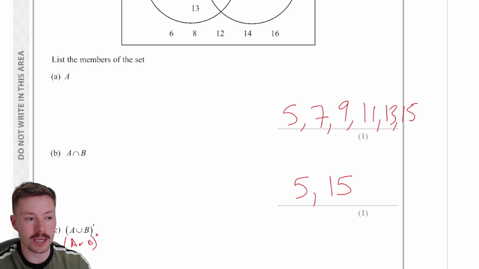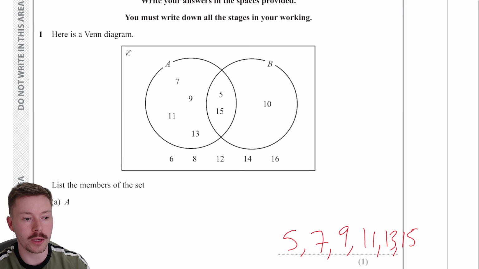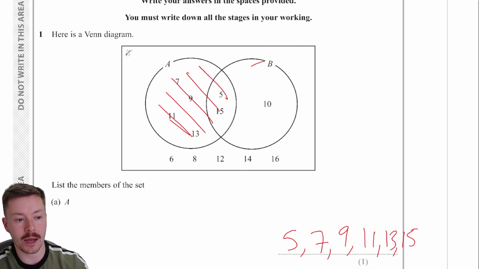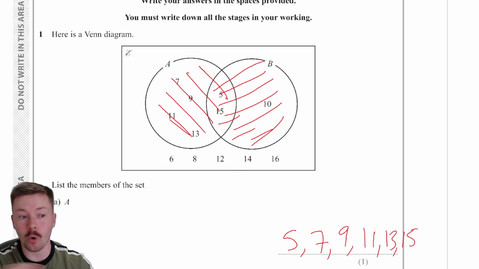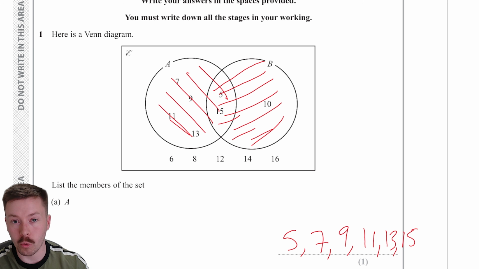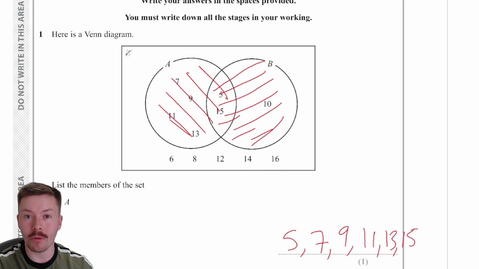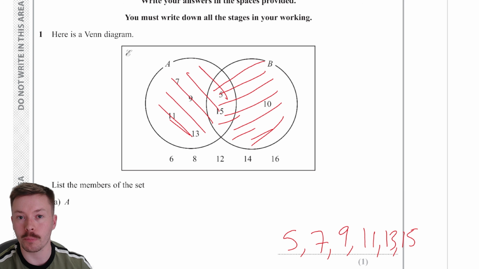So it's not A or B. Now A or B would be anything in A, so anything here, and anything in B. That would be A union B. We want the opposite of that, called the complement, which again means not A or B.